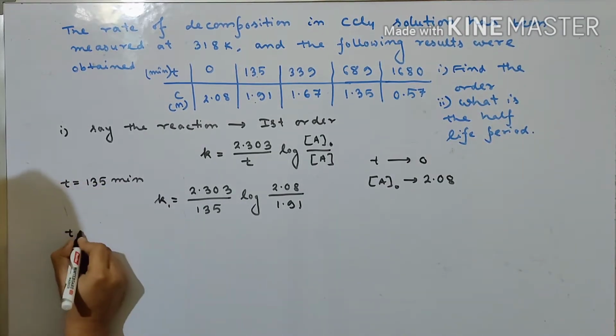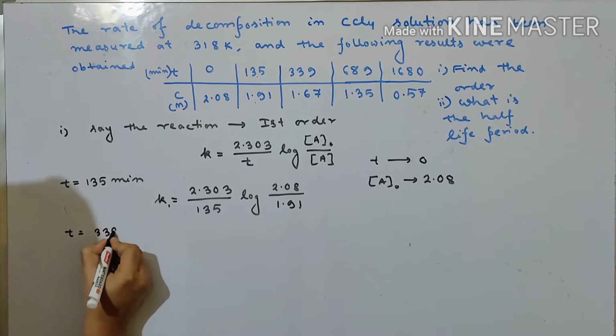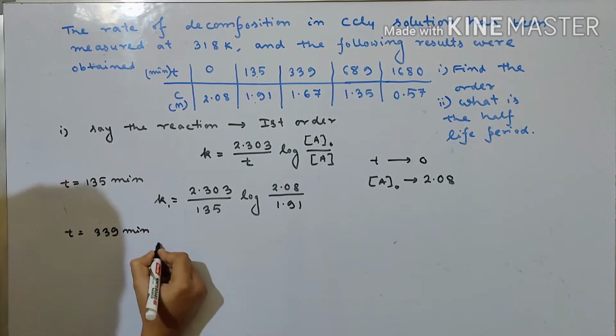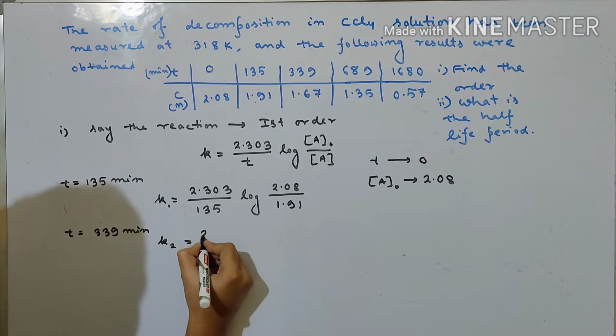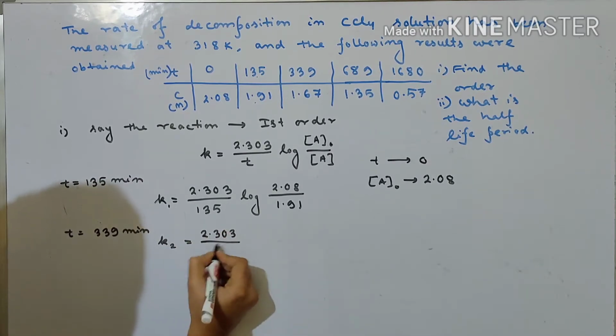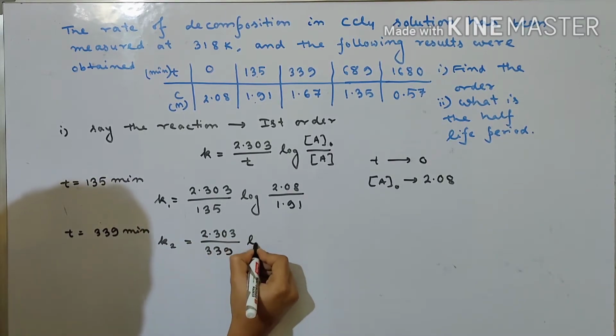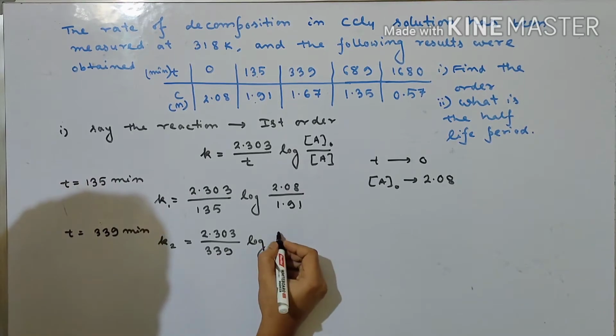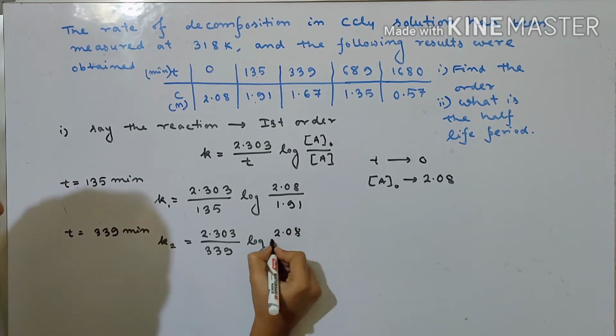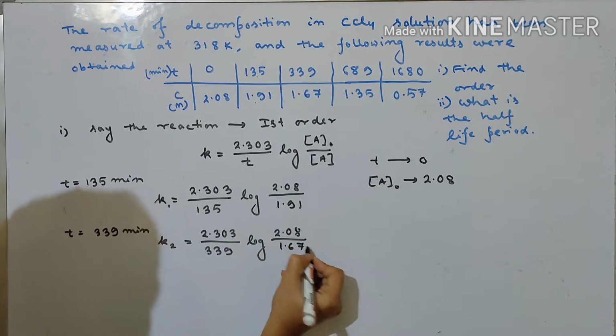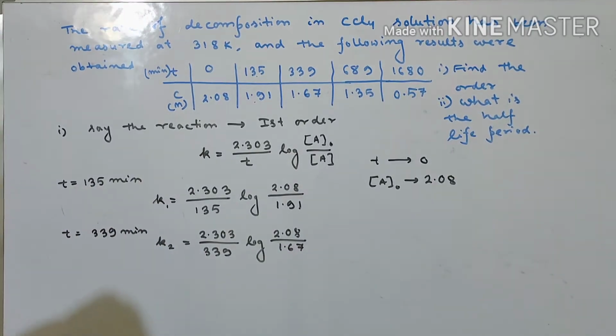So when T is equal to 339 minutes, suppose we are calculating K2, it is 2.303 by 339 log of 2.08, again the same, divided by 1.67.